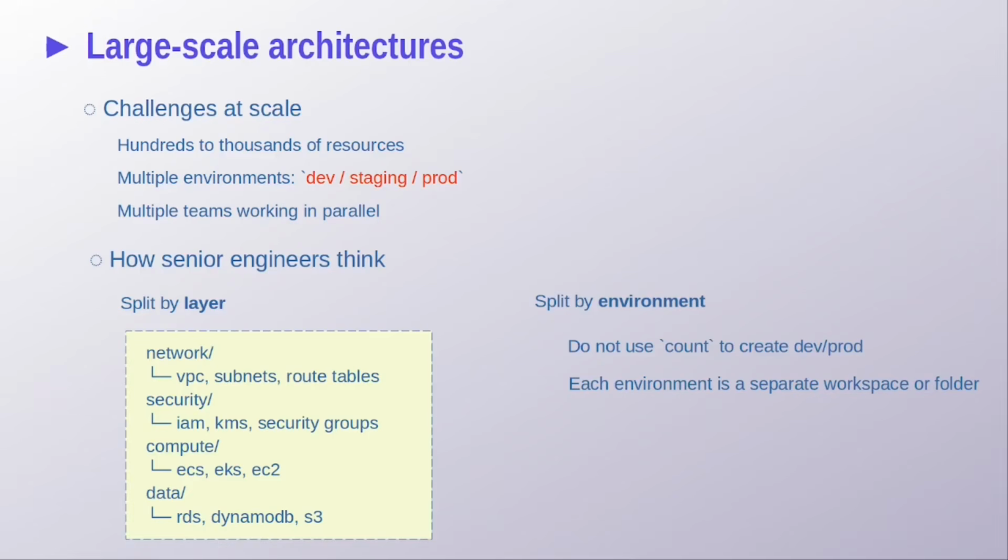Never put staging and production in one Terraform state. Each environment has its own folder or workspace, and its own state. Golden rule: one Terraform state equals one clear responsibility.